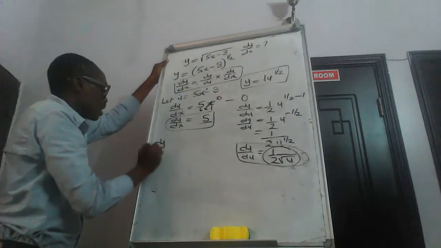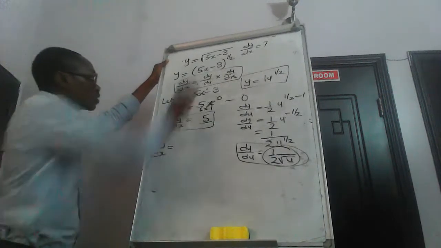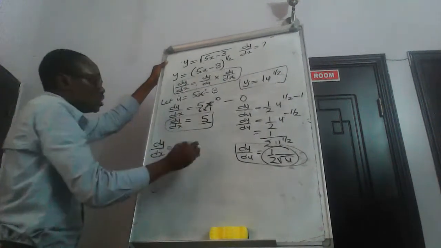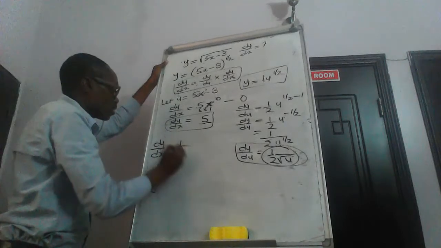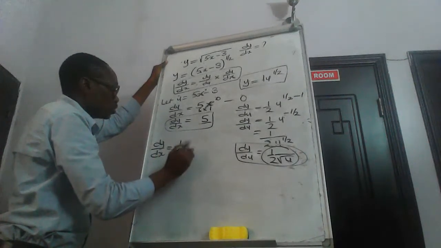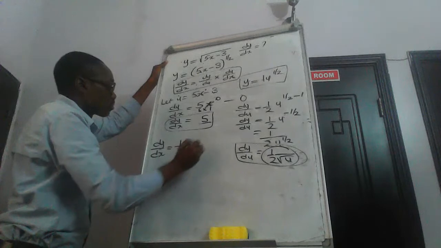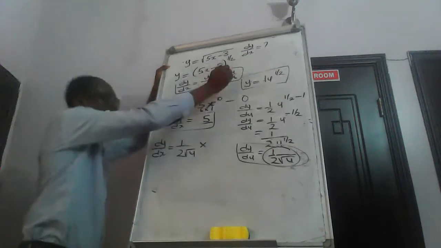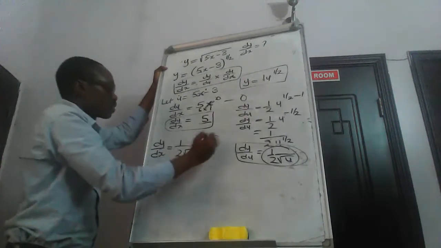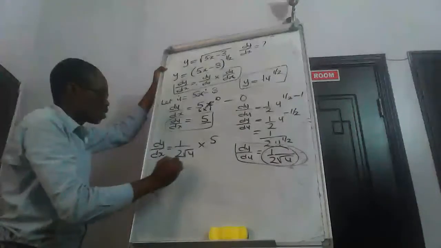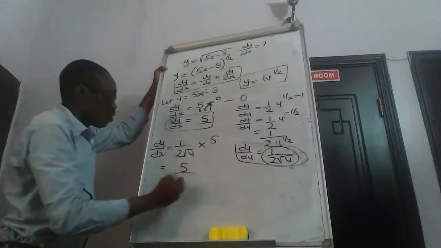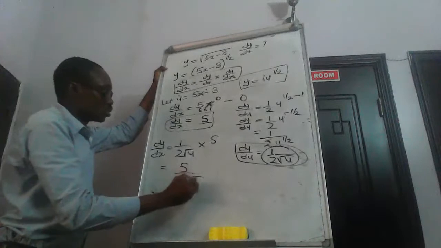Our dy dx is equal to dy du, which is 1 over 2 root u, times our du dx, which is 5. So what do you have? This is going to give you 5 over 2 root u.